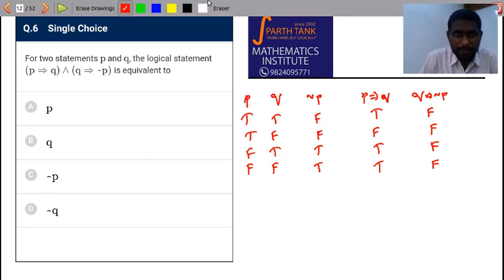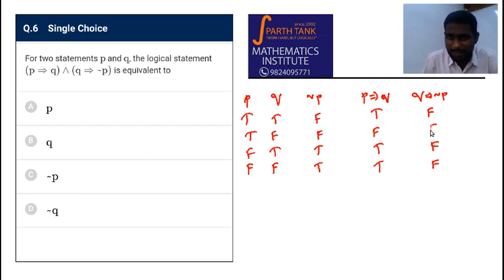Sorry, I am saying true and false. In implication, false implies true is true. Okay, false, false is true, true, and true. Now you have to do the AND of these two, right? Do the AND of this and this.